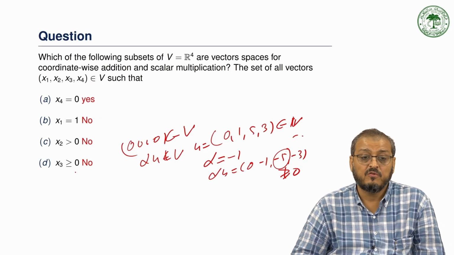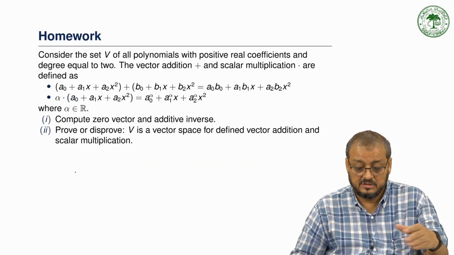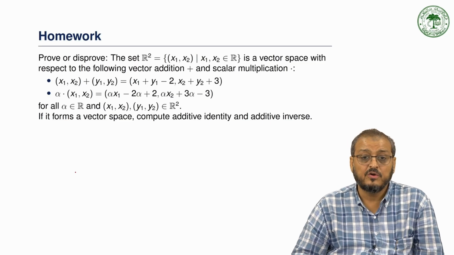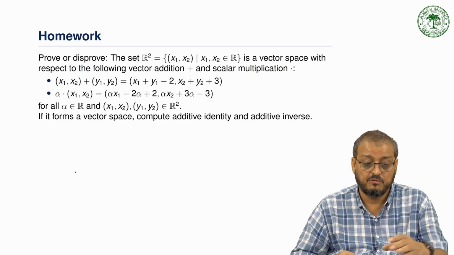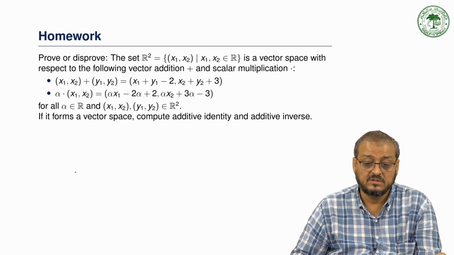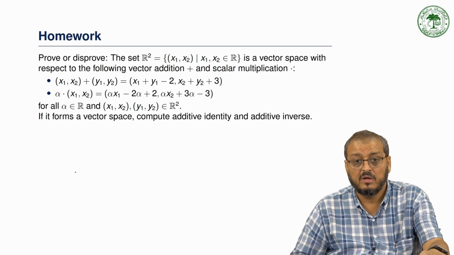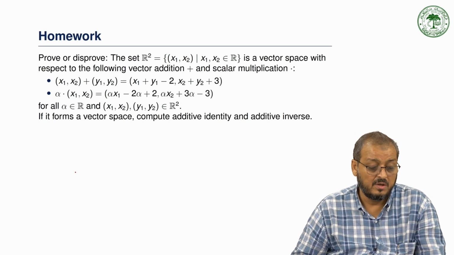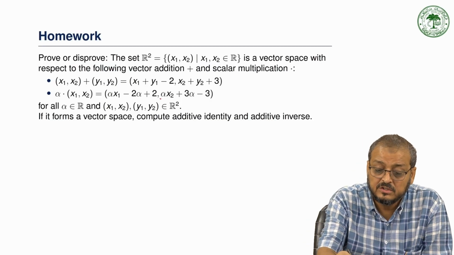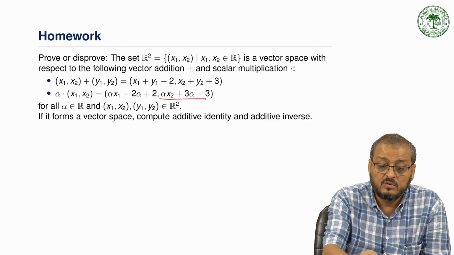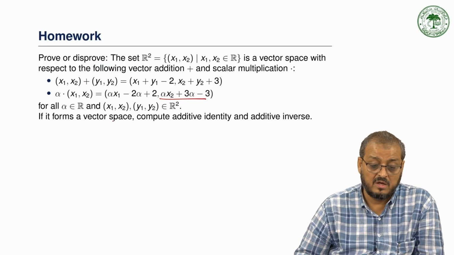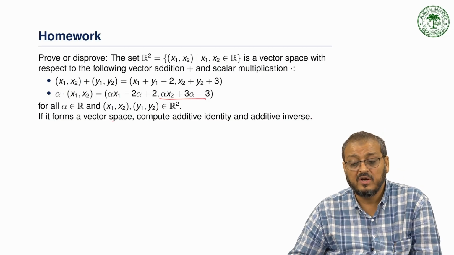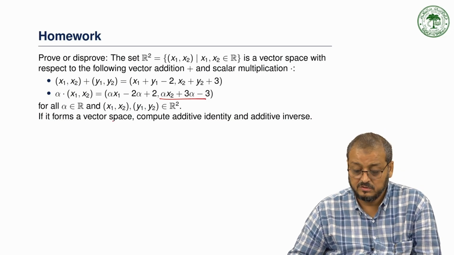Now I have to conclude. This is some home assignment for you to work on. We define addition of vectors in R2 in this form and scalar multiplication in this form. Show that this is a vector space, and compute the additive identity and additive inverse for it.